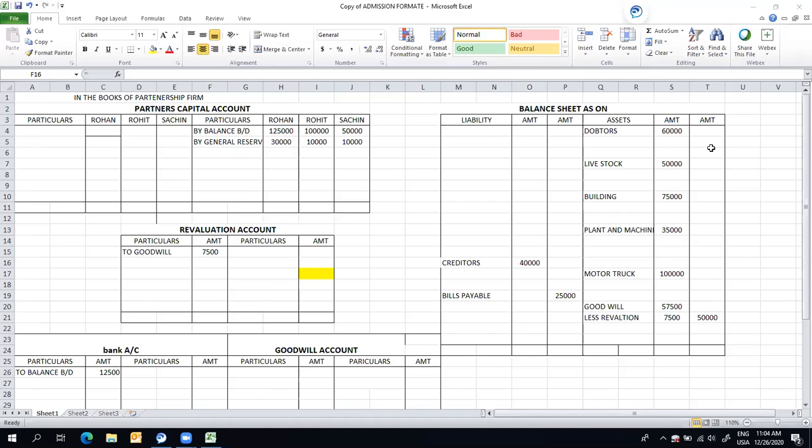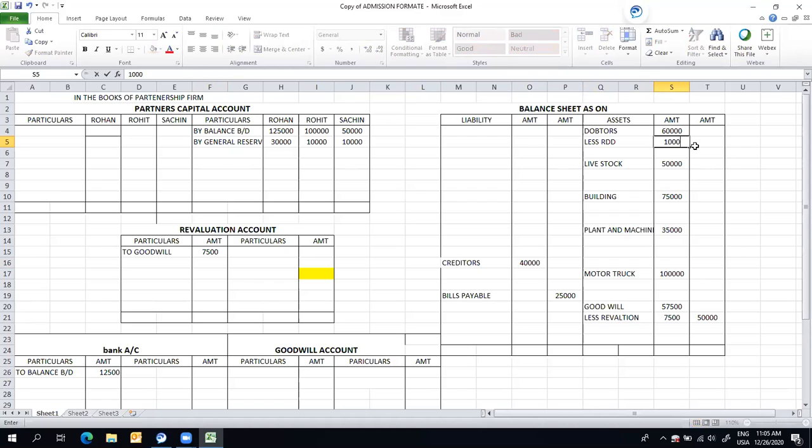That's why it became 50,000. Because it is debtor. Debtor neither depreciated nor appreciated. It is always decreased due to RDD. So less RDD. You have to apply RDD.